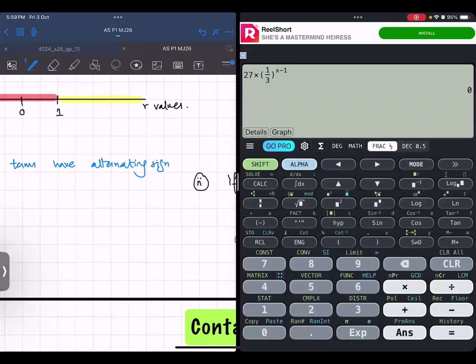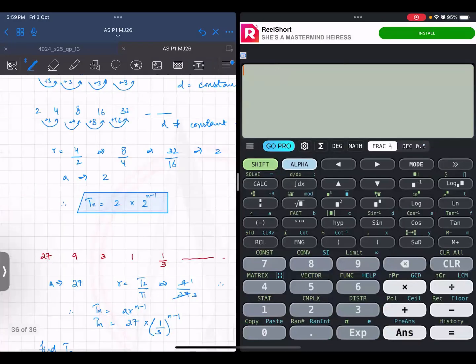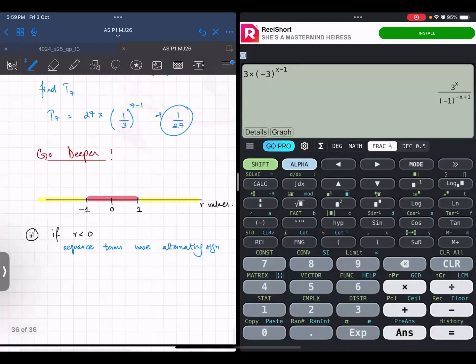Let's take another example: 3 multiplied by R to the power x minus 1. I'm taking R as -3, because I want to show what happens if your R is negative. Look, the first term will be 3. The second term is -9.